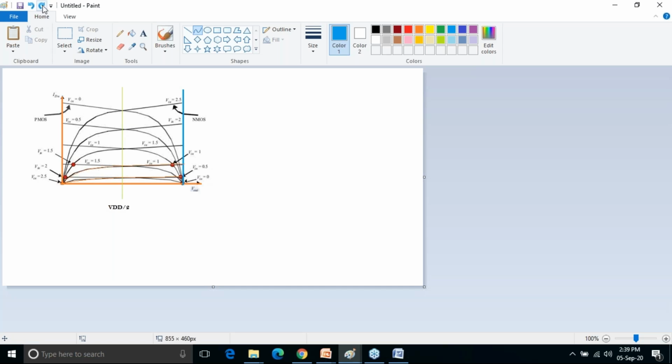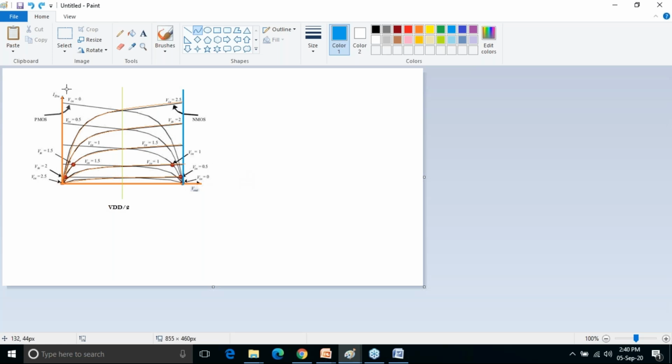Next, you need to draw for another value of Vin or VGS. So here for 1 volt, it has been drawn. Again, you need to draw for 2 volt. So this is drawn for 2 volt, 1.5 volt, 2 volt, and then 2.5 volt. Likewise, we have drawn for all the values of Vin, or we can say VGSN, because VGSN is nothing but Vin for the N MOSFET.